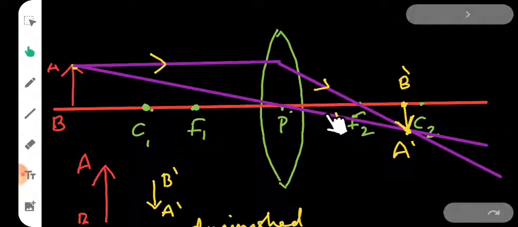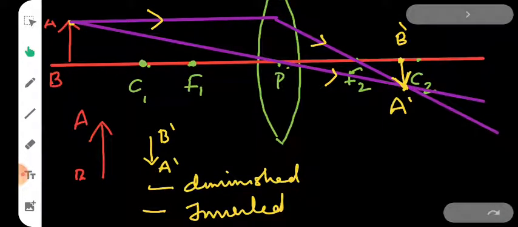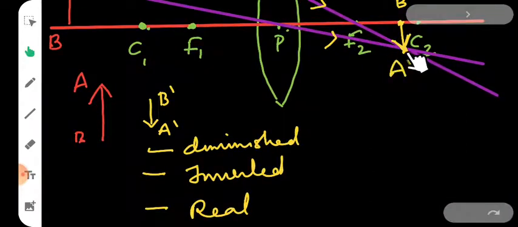You can block these rays, so they can be cast on a screen. So this image A prime B prime, which can be cast on a screen and is formed using real rays, is called not a virtual but a real image. So what you have here is a real image. You have a diminished image, an inverted image, and a real image.